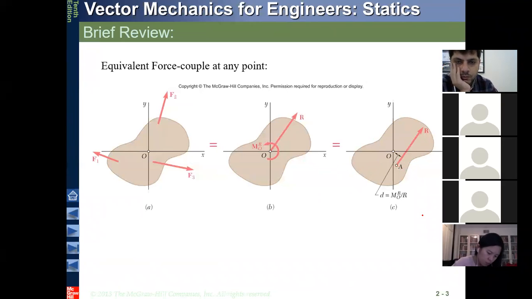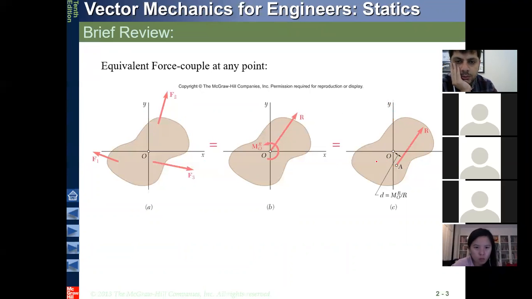So actually, imagine at first you have a system with several forces, and then you want to calculate the resultant of these forces and the position of the resultant at a point such that there is no moment in the system.